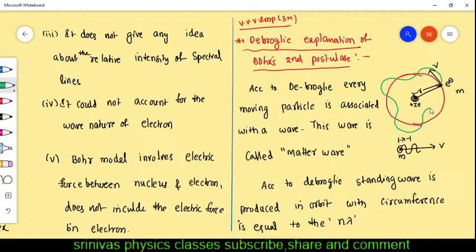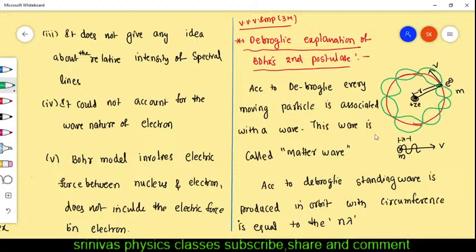When the electron is moving, then we say that the wave is moving.